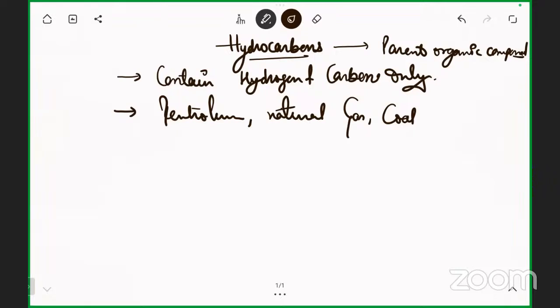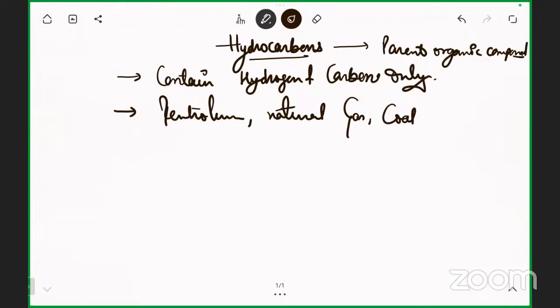CNG is compressed natural gas. These are used as fuel. They have carbon present, hydrocarbons in them. Gasoline, petrol, kerosene, diesel, they are all products of distillation from petroleum, crude oil. Okay, so generally we have to talk about these.